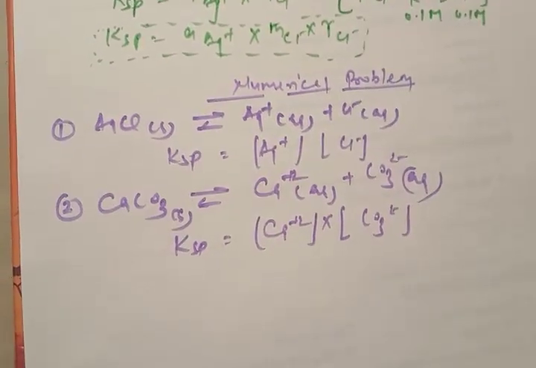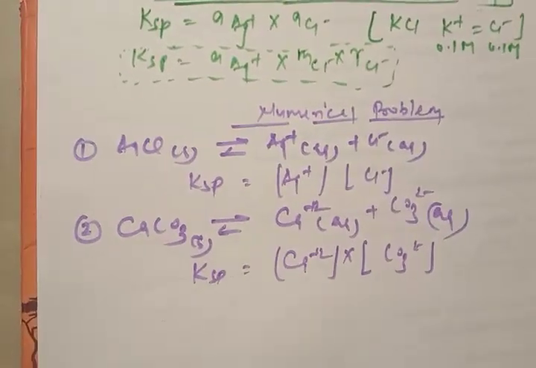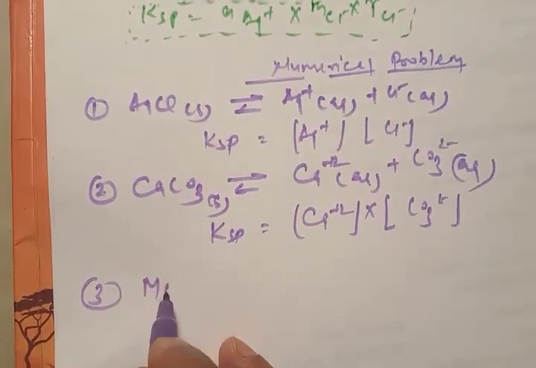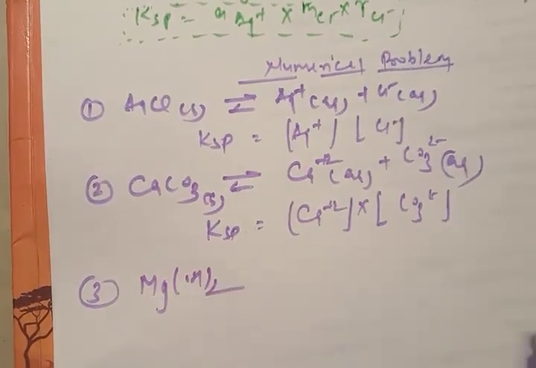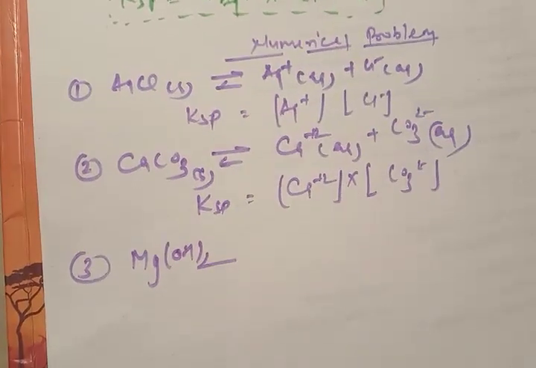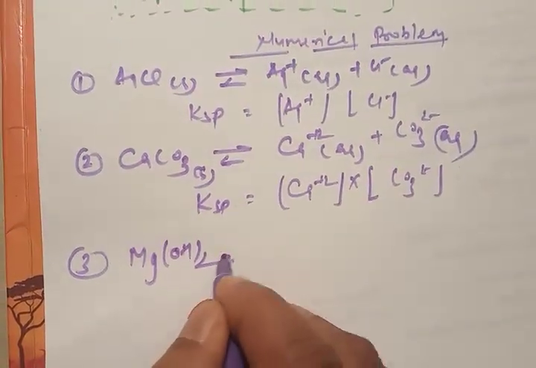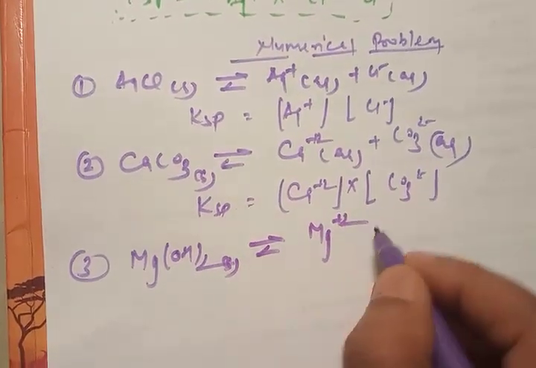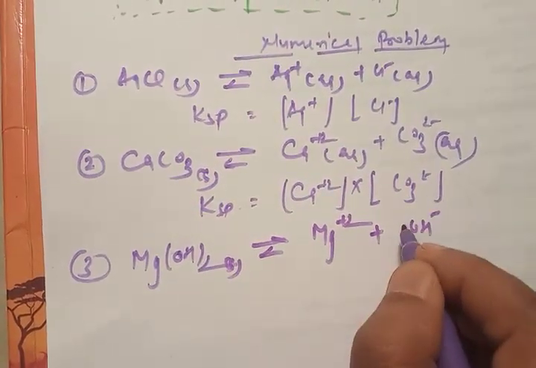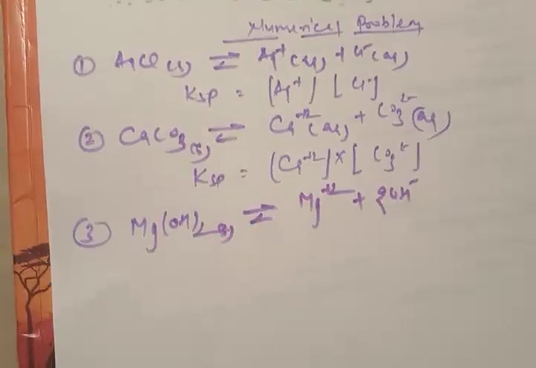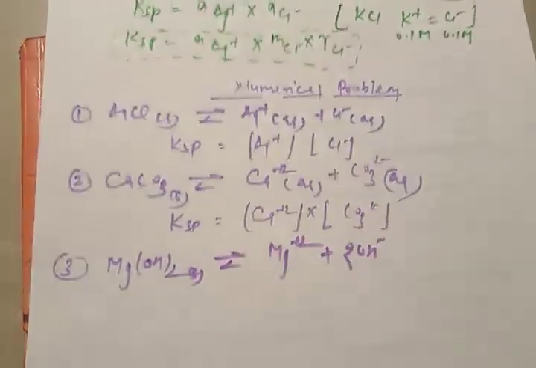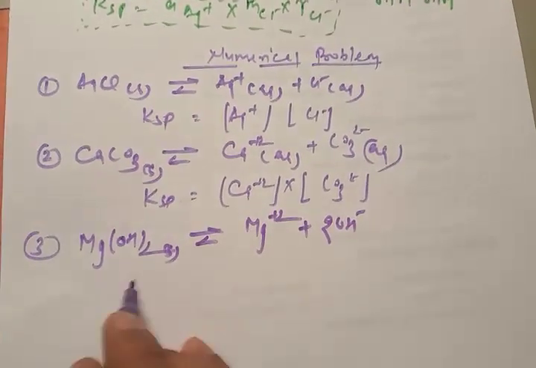Now the third example, if we have Mg(OH) whole twice, what will happen in this case? Again, this is the solid, so this will give you Mg 2 plus and OH minus twice. This is the change here, which you need to understand.